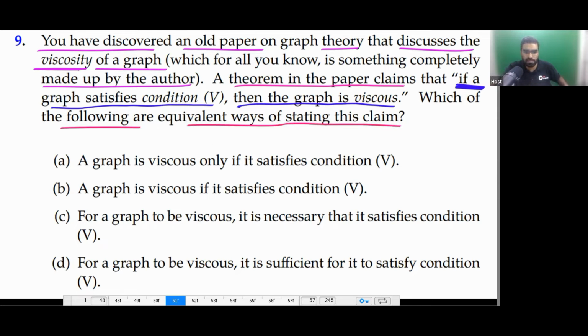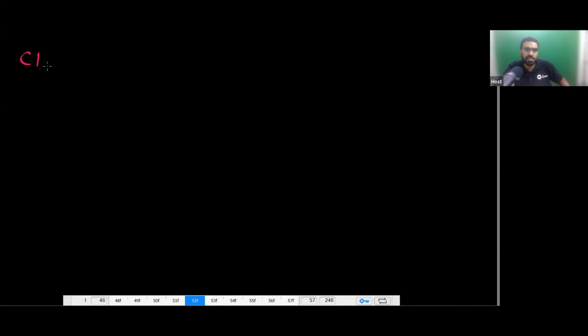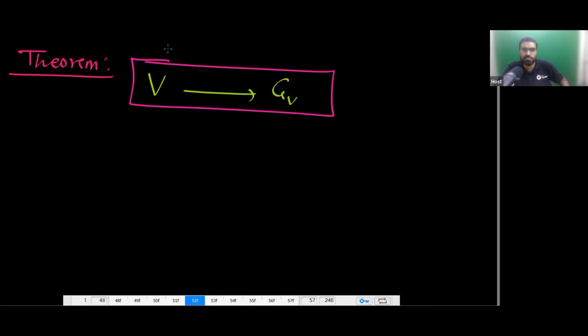Tell me, what is the claim? What is the theorem? That if someone satisfies condition V, then the graph is viscous, right? If condition V is satisfied, then the graph is viscous. This is given, right? Agree or not?